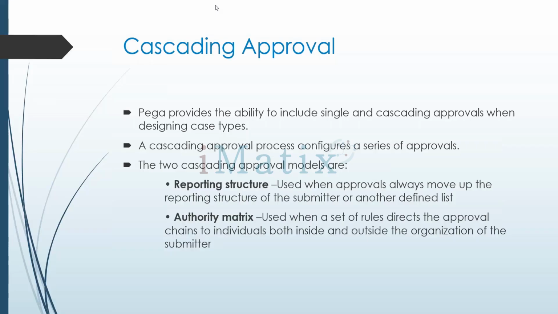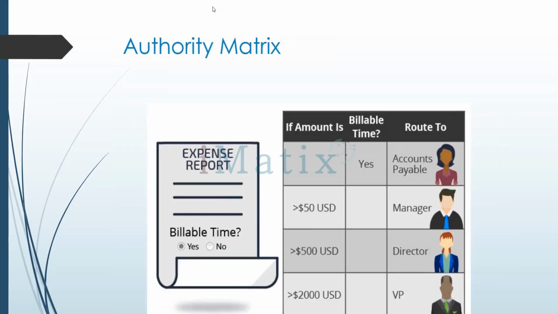From the manager, it might go to the finance team auditor and then finance manager. Does it mean your manager is reporting to finance manager? No, but still the approval is required from people outside your department. Authority matrix is where people from different departments or people who are not part of your team are also involved in the approvals. That comes as the authority matrix.